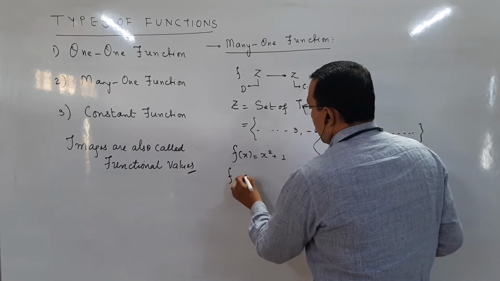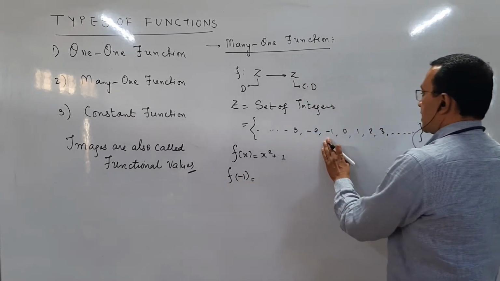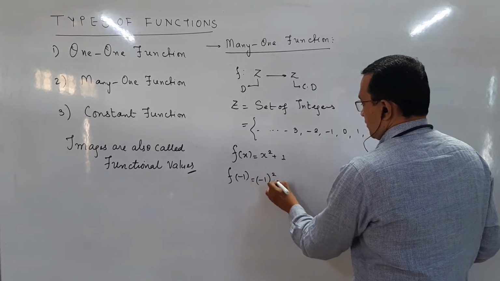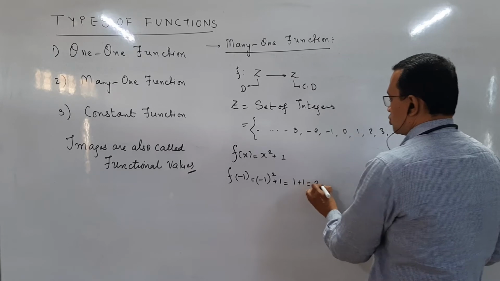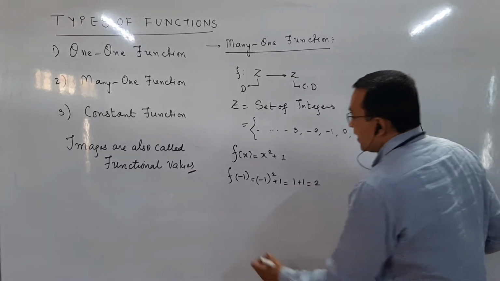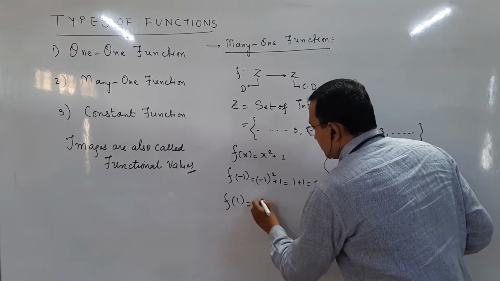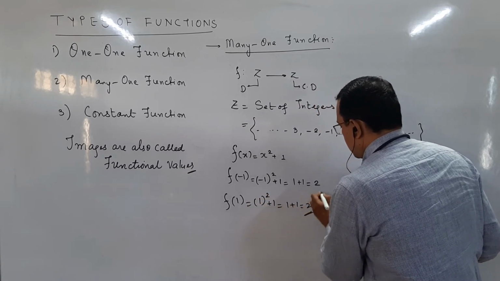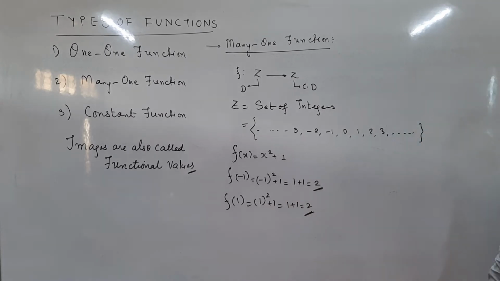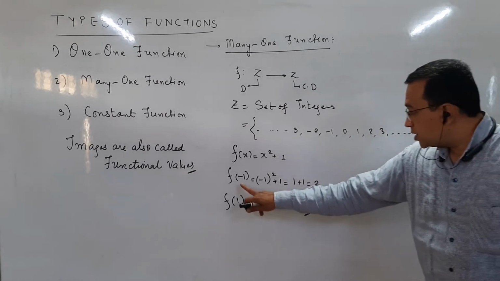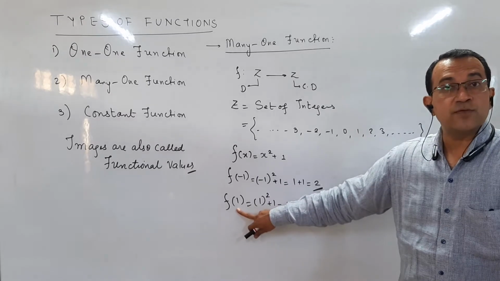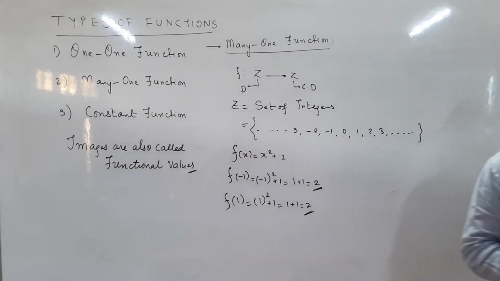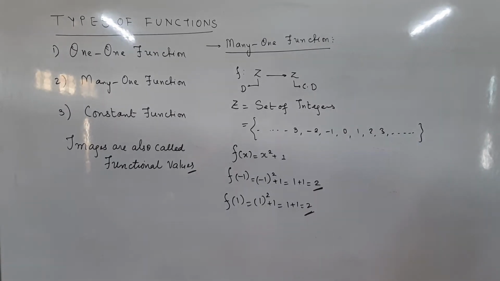f of minus 1, because integers are negative, positive, including 0. So this is minus 1 squared plus 1, which is 1 plus 1, 2. And if I find the functional value at 1 or the image of 1, 1 squared plus 1, so 1 plus 1 is equal to 2. So minus 1 and 1 are different elements of the domain, but their images or functional values turn out to be the same.